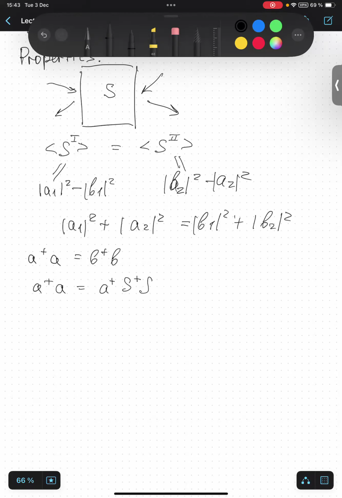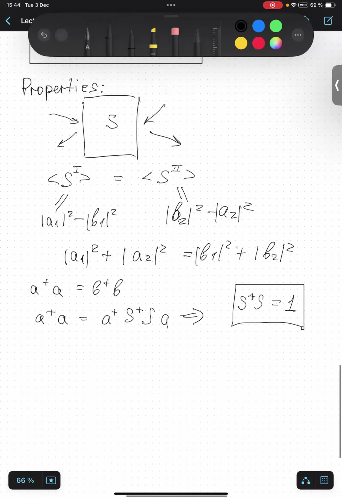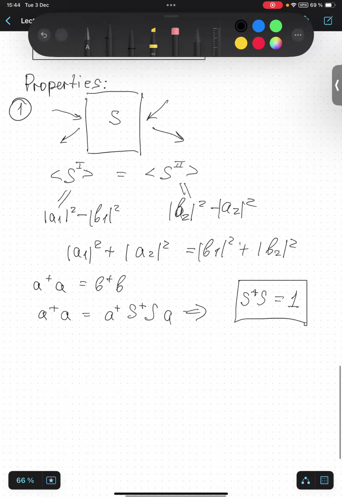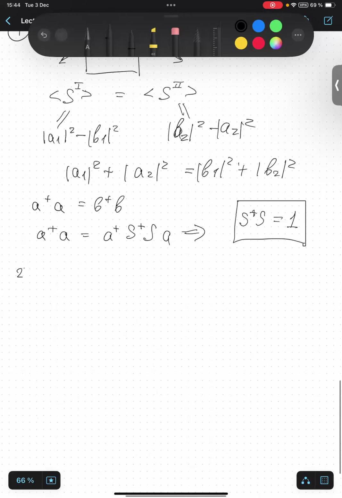And this leads to the property that our S matrix is a unitary matrix if the energy in our system is conserved. So this is the first property. The second property is related to time symmetry.